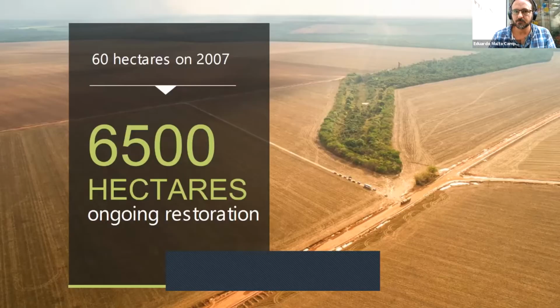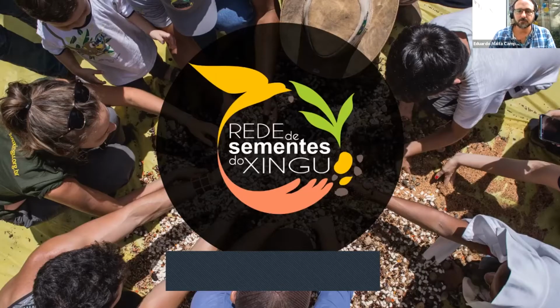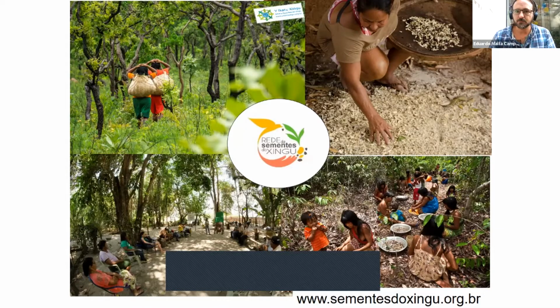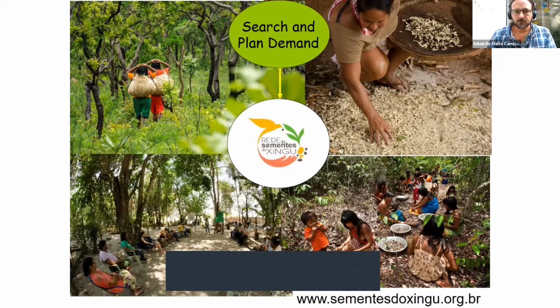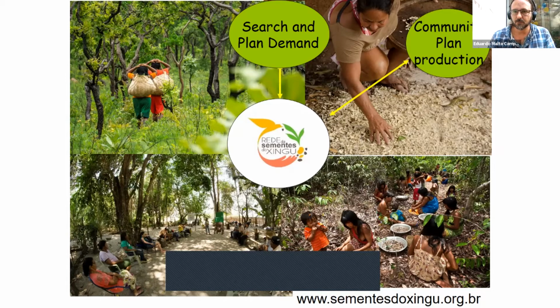So we've planted already 6,500 hectares with seeds from the Xingu Seed Network, which led to the need for organizing the production of native seeds. The Xingu Seed Network works searching and planning the demand for seeds for restoration projects, and most recently for cosmetics as well.